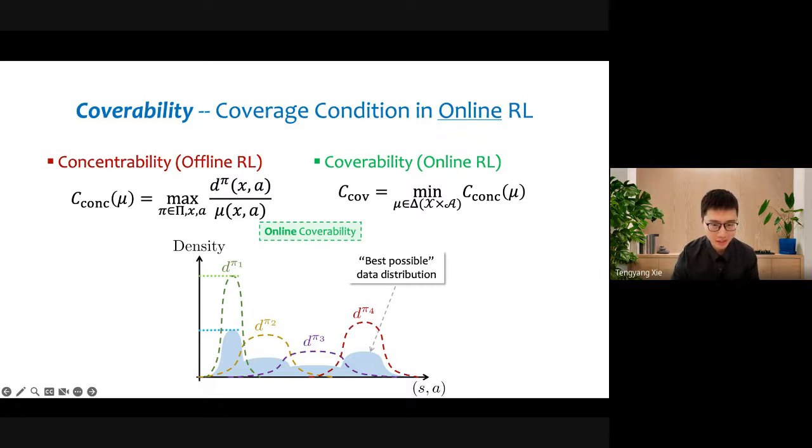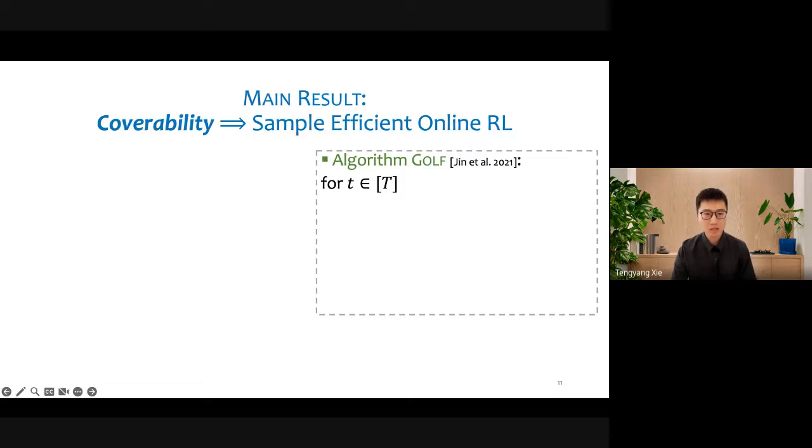On the other hand, if all policies are far away from each other, then that ratio cannot be small. That's the intuition behind it. After defining coverability, one natural question is: is that sufficient for sample-efficient online reinforcement learning?